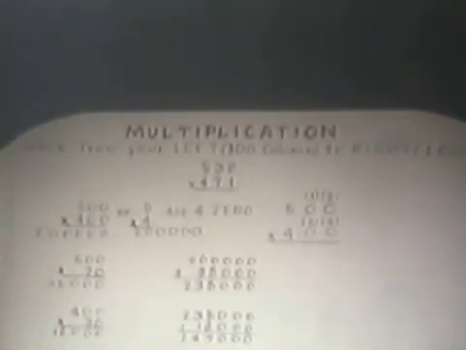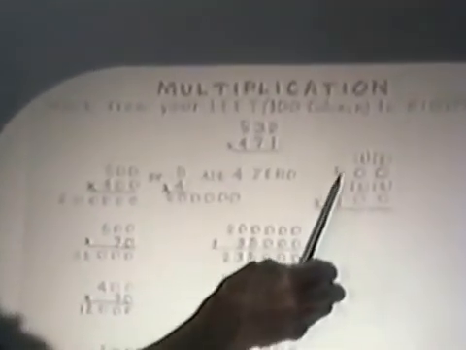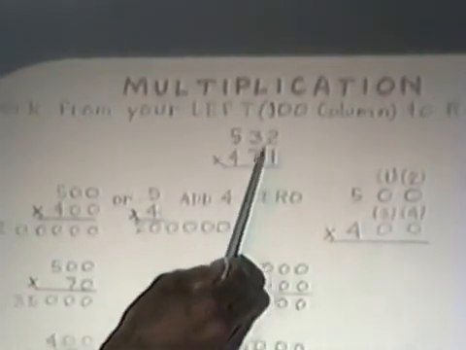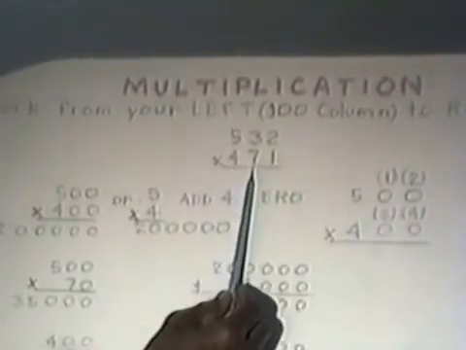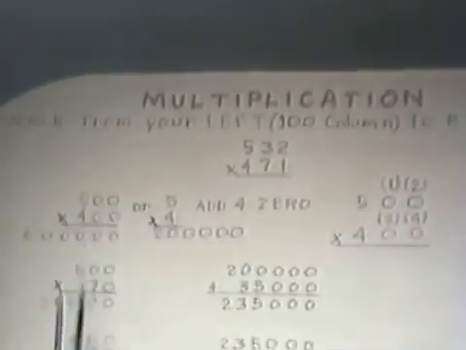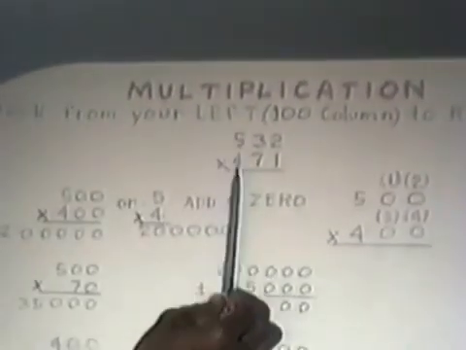The first thing we're going to do is multiply 400 times 500, because this number here is 500 and 32, and this is 400 and 71. So we're multiplying the 500 and the 400.